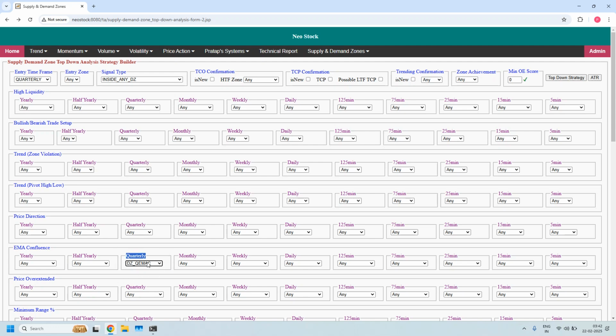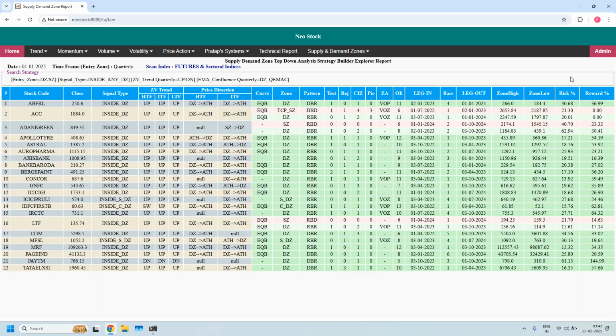And when you set the EMA Confluence, trend should not be sideways in quarterly time frame, because in the sideways trend EMA Confluence does not give any extra advantage. So that's why in the quarterly time frame I am selecting the trend as either up or down, but not sideways. So with these filters applied on the 42 stocks, now 22 are filtered.